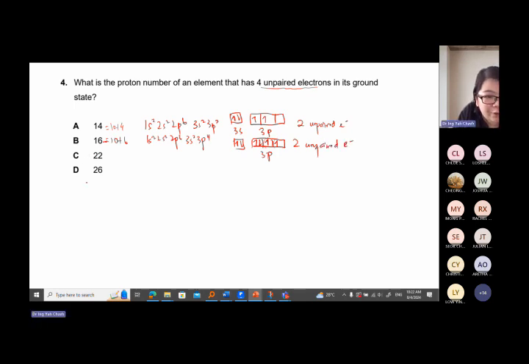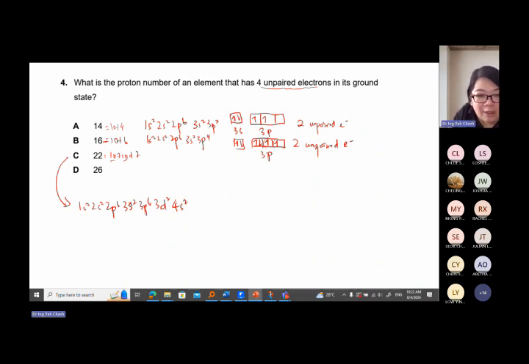Now 22, see here. 22 will be 10 plus 10 plus 2. So 1s2, 2s2, 2p6, 10 electrons. 3s2, 3p6, 4s2, another 10 electrons. 2 more in the 3d orbitals.